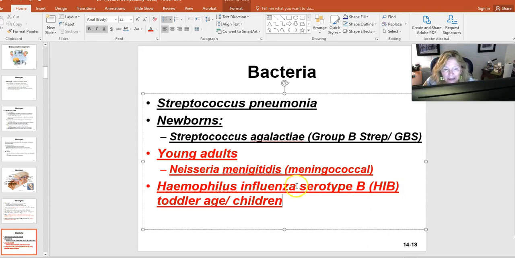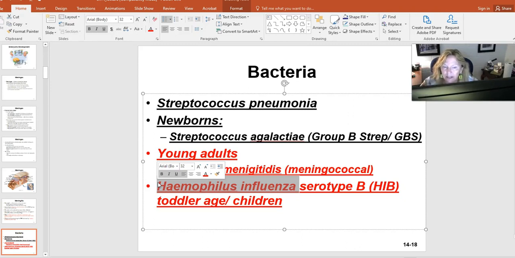This bacteria can cause a lot of things. It causes middle ear infections, conjunctivitis, the membranes of the eyes, what people call pink eye. It can cause meningitis in young kids, and it also causes pneumonia, but we've seen the numbers go down drastically.